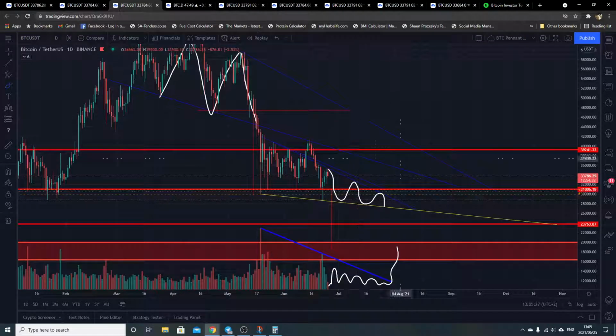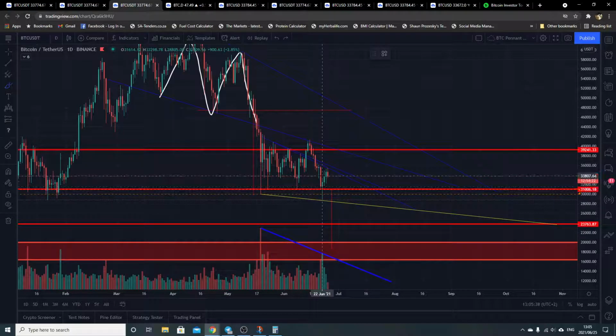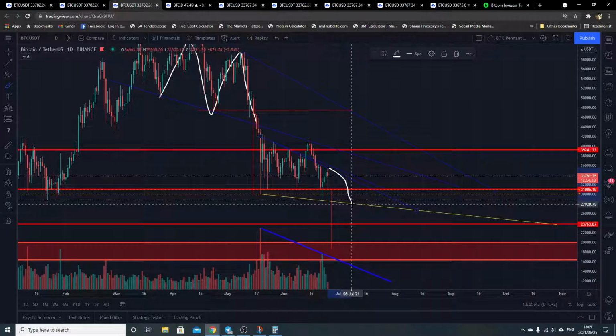Or what will happen is we get a continuation pattern and we break down. So we come back down. If this doesn't hold the third time, because remember guys, now we've got 1, 2, each time it touches the resistance line, the weaker it gets.